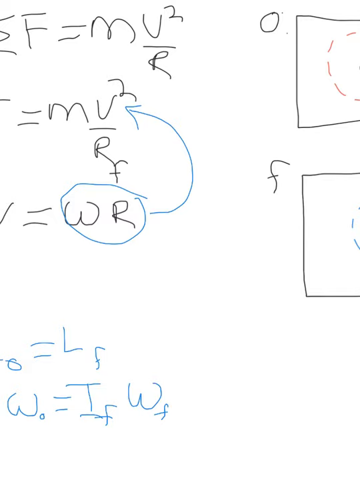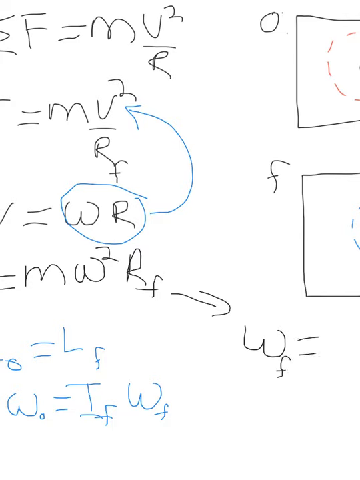If I plug that in, I'll get T equals m, and then v squared becomes omega squared times r squared, but it's still divided by r, so one of those r's cancel, so I really just get T equals m omega squared r. Solving that for omega, again, this is the omega final, just so we're not confused, omega is going to be equal to the square root of the tension T divided by m times r final. So the cool thing is that's our omega final.